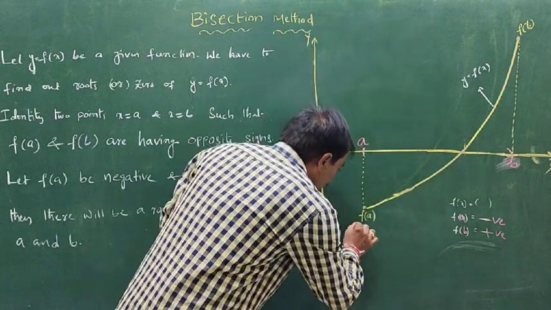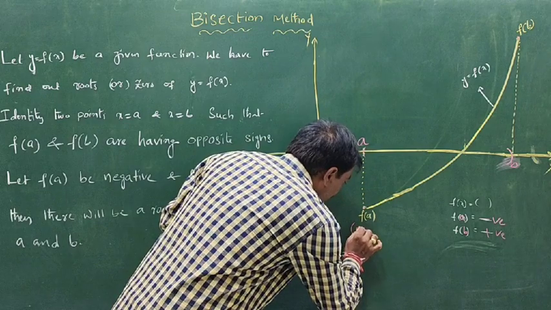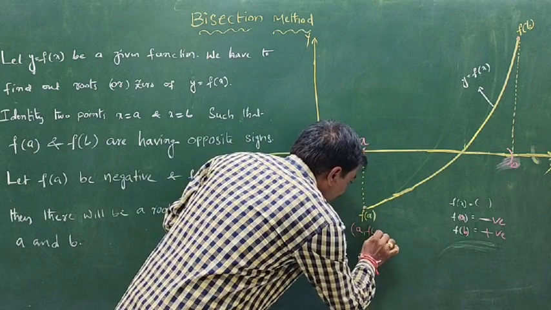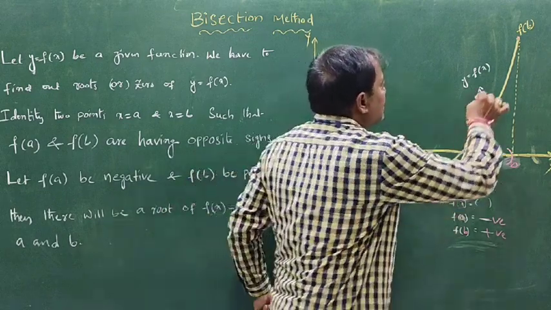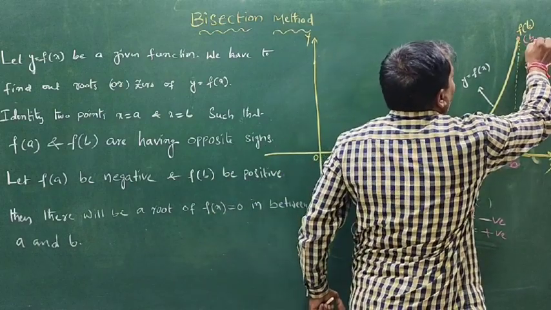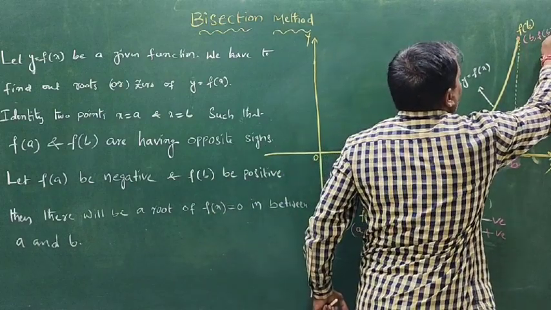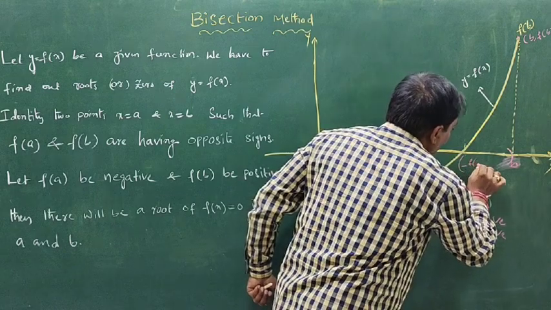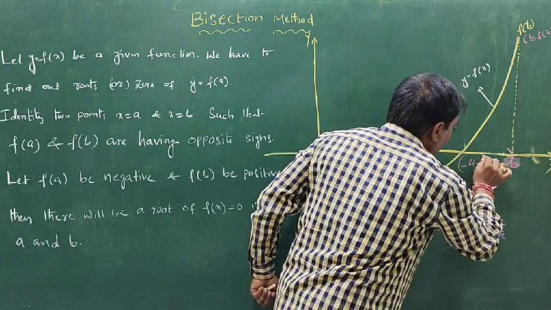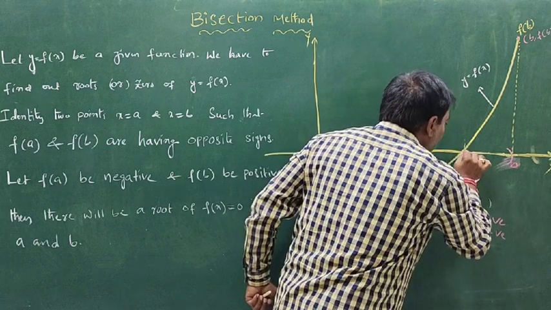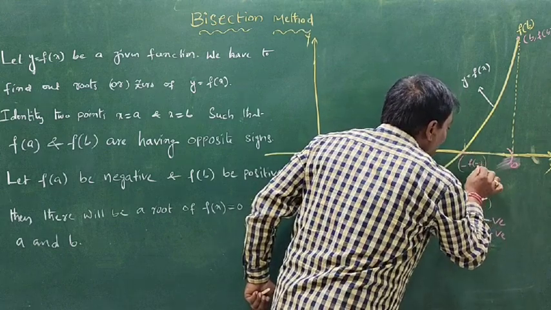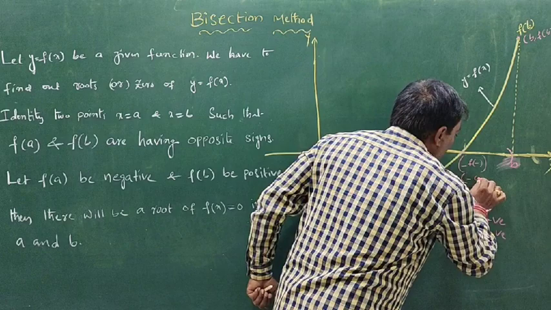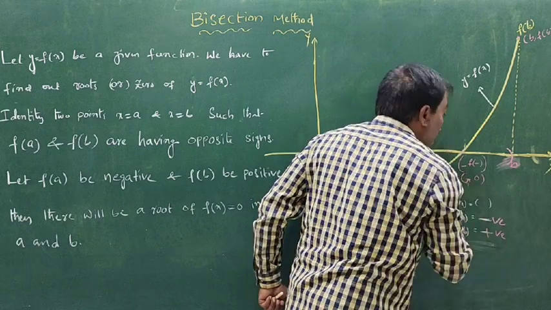In general these values are denoted by a comma f of a, and b comma f of b. We don't know the first value, but we know the second value, which is 0. So dash comma 0. Now we have to find this root.